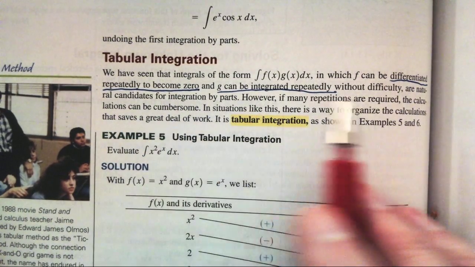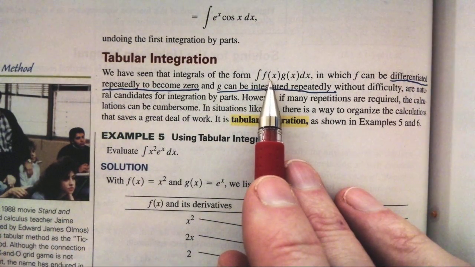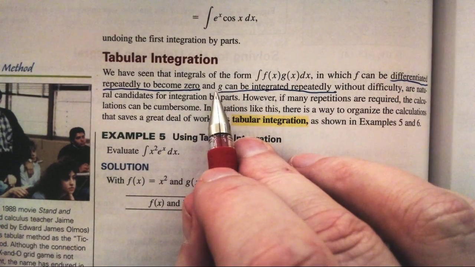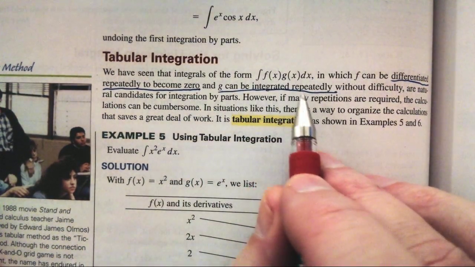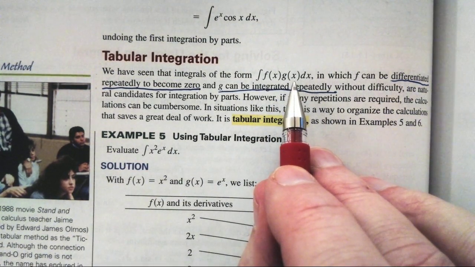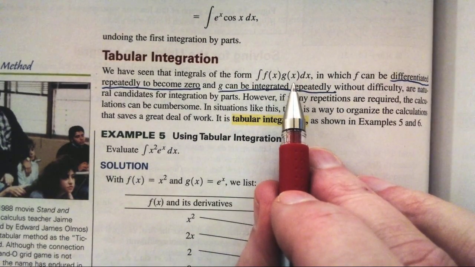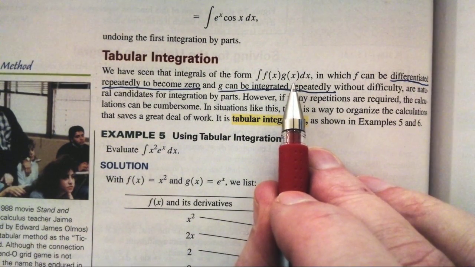They're pretty much saying if one of the functions is a polynomial, and g can be integrated repeatedly. Repeated integration of g. We just saw a problem where we integrated g once but couldn't integrate it a second time after that, not conveniently.